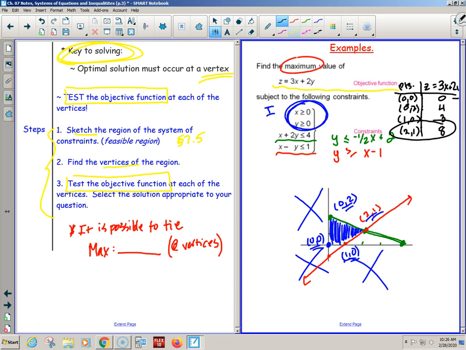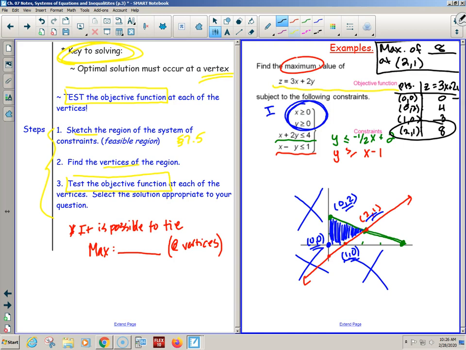I know the maximum objective, or the highest the objective can go, is going to be 8, which is going to occur at. I put the word at, that's a very common mathematical way of saying, like, for what values of the variables. But the maximum of 8 is going to occur at, or when, x equals 2 and y equals 1.